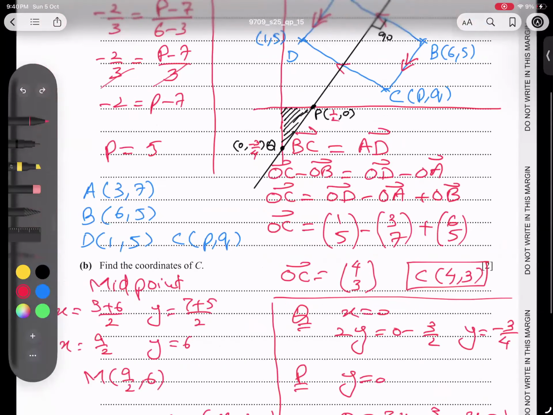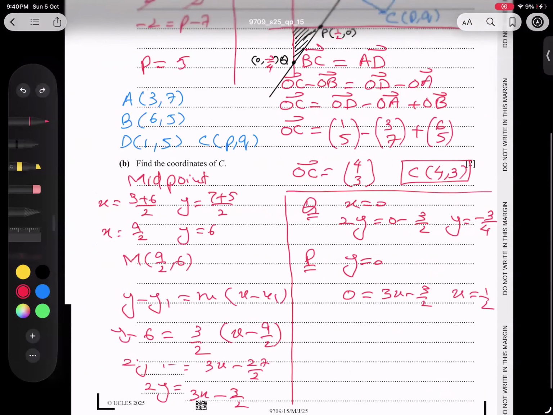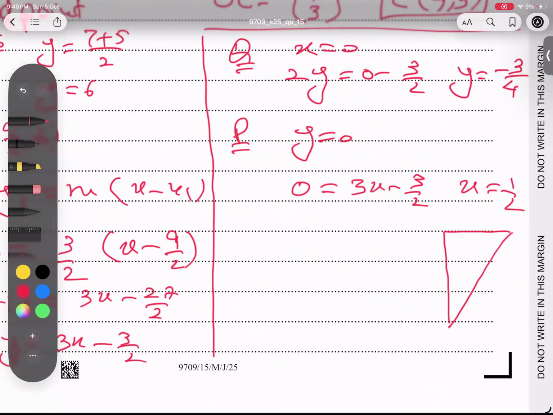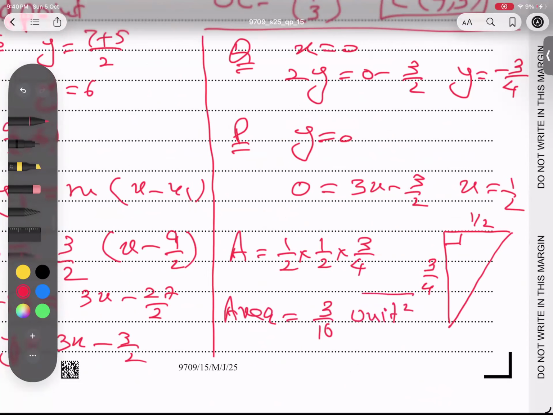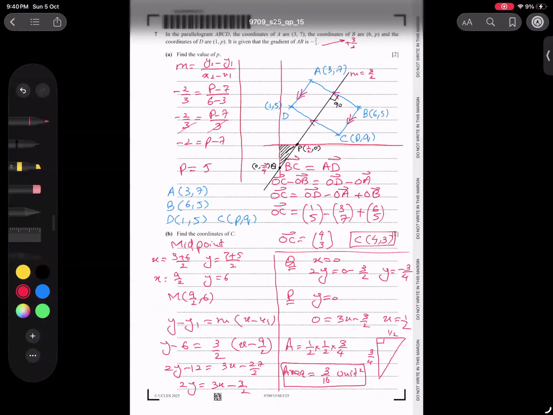So now I can easily do this triangle, 90 degrees, a half here and 3 by 4 here. What is the area formula? Half into base into height. So the area turns out to be 3 over 16 unit square. I hope the concept of the question is completely over.